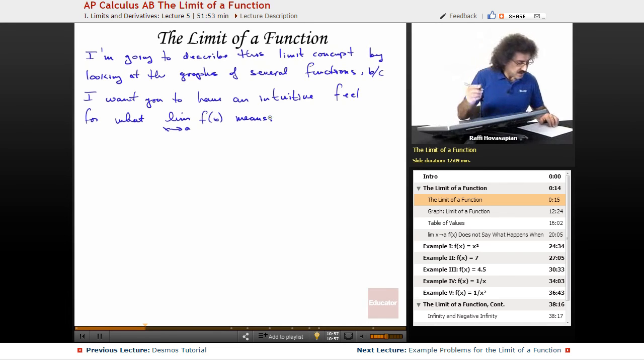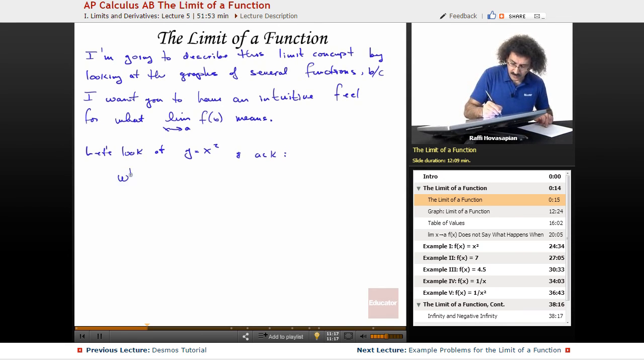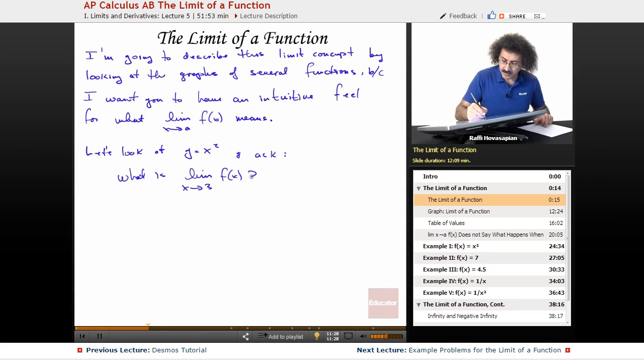So anyway, let's look at the following function, y equals x squared, and ask the following question. What is the limit as x approaches 3 of f of x?